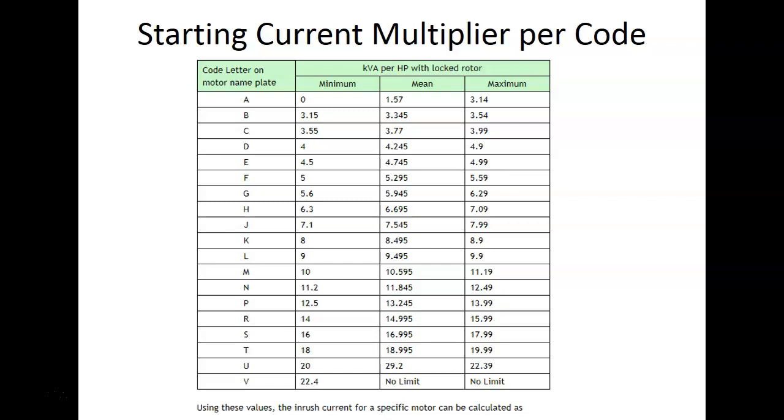So what they're doing now, on your newer motors, they'll have a code on there. Let's see if ours has a code. And it's called code. So this has a code of M on it. So it means this motor right here could pull between 10 to 11.19 times its full load current, just getting it started.